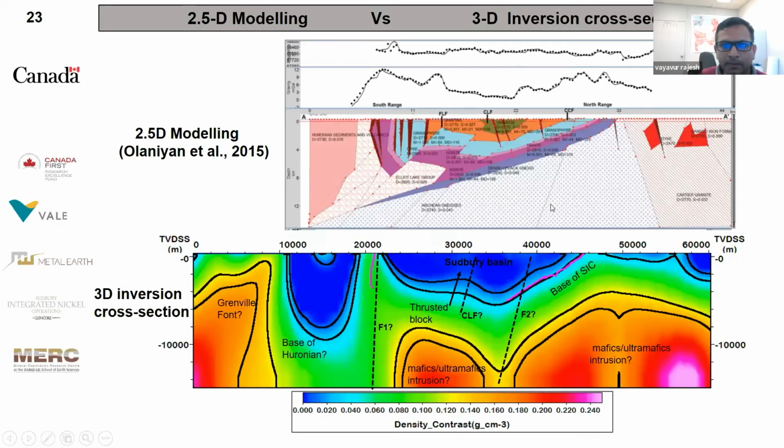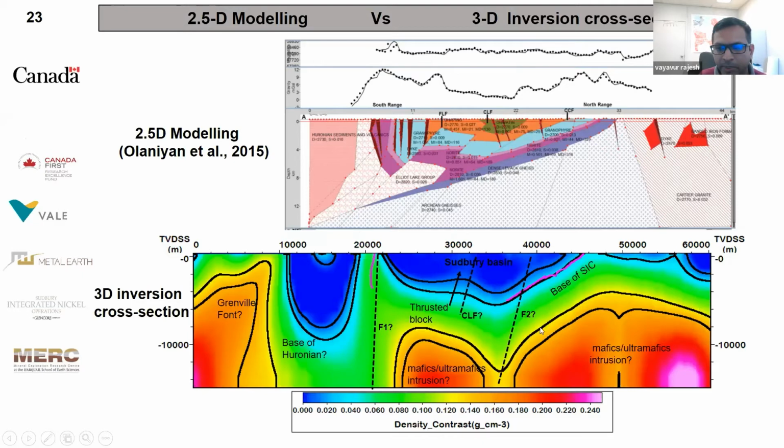This is the 2.5D modeling, and this is the 3D inversion cross section. You can see nice correlations, especially the thrusted block here. You can see there's a thrust block here, and then the entire Sudbury Basin, with its smooth variation, and the Huronian sediments coming up here nicely.